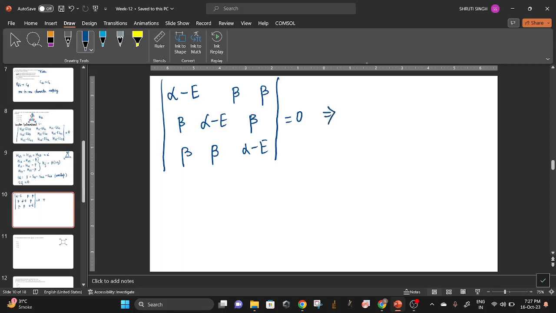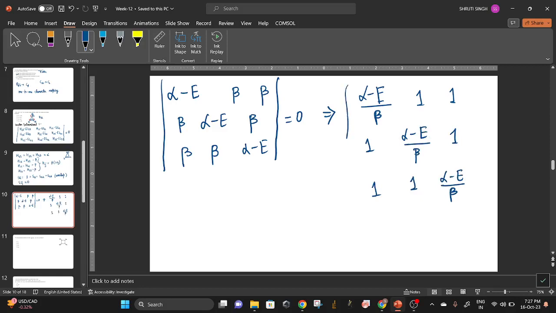Let me write it like this: alpha minus E by beta, 1, 1; 1, alpha minus E by beta, 1; 1, 1, alpha minus E by beta. This is the same thing, I am just dividing this determinant by beta.